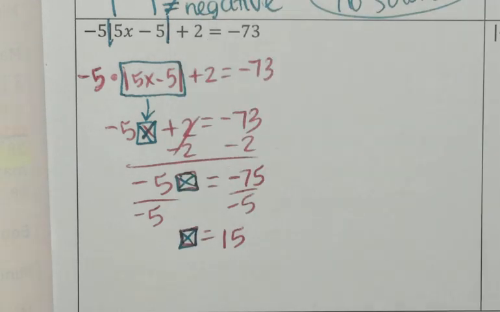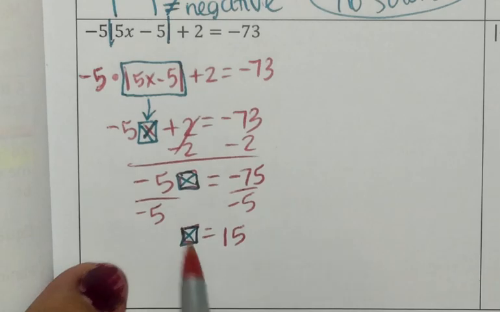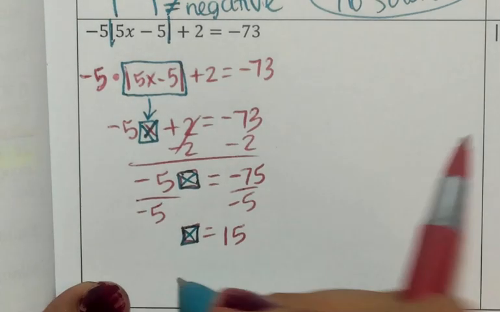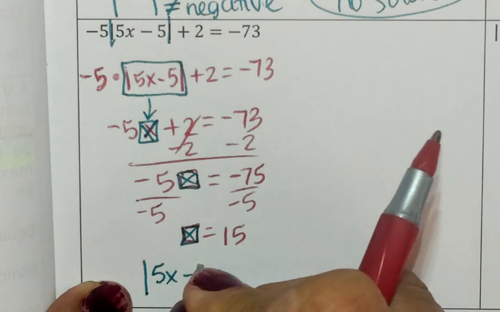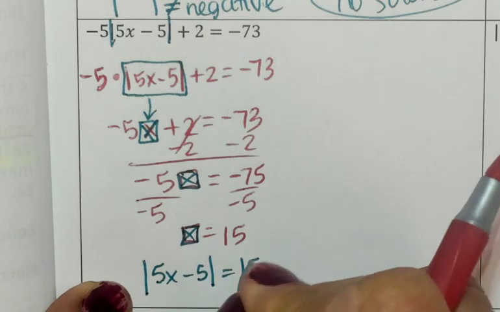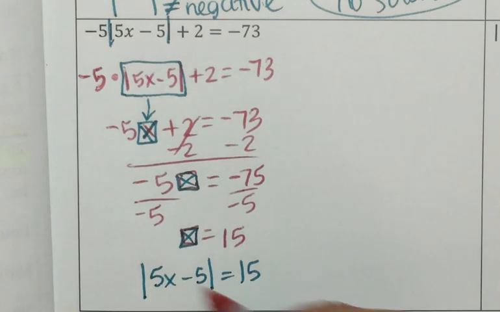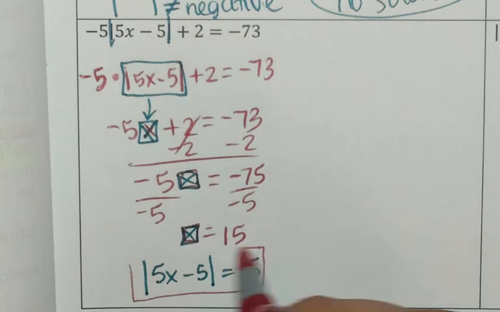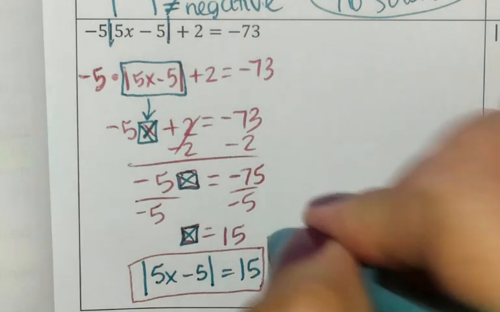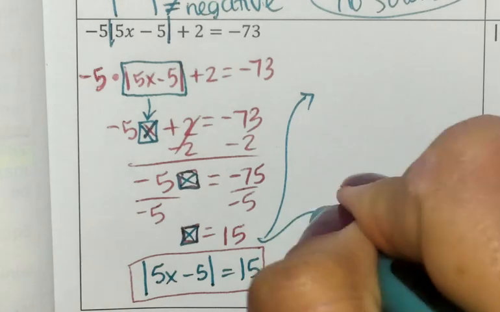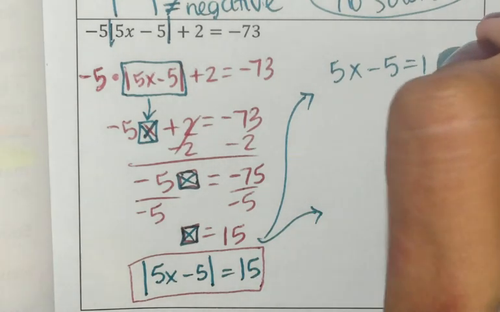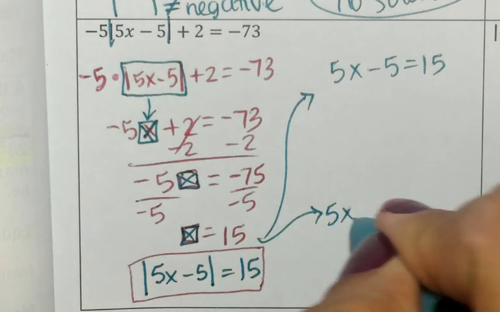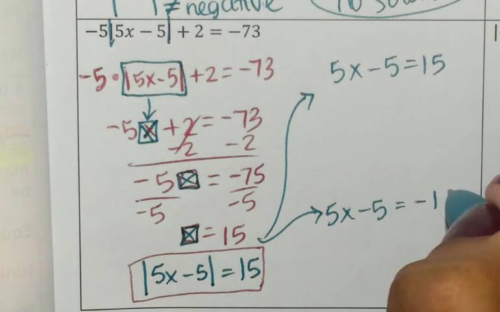So now that we isolated the box, now we can rewrite it as absolute value of 5x minus 5 equals 15. And then now this equation will be split into two separate ones. 5x minus 5 equals positive 15, and 5x minus 5 equals negative 15.